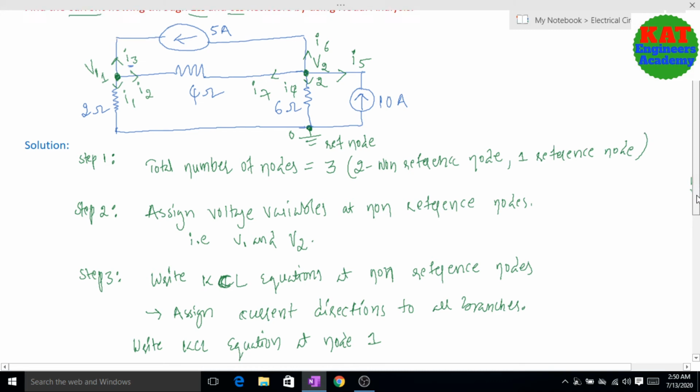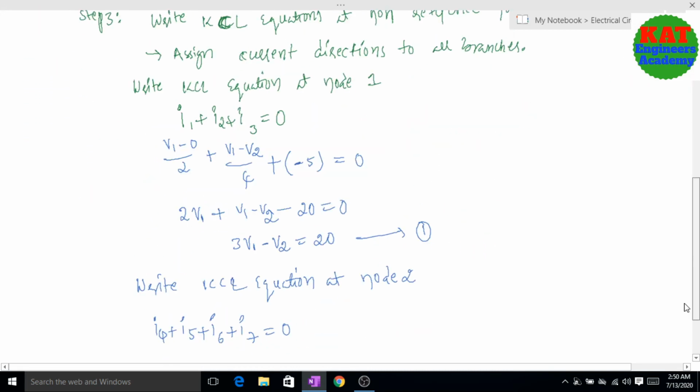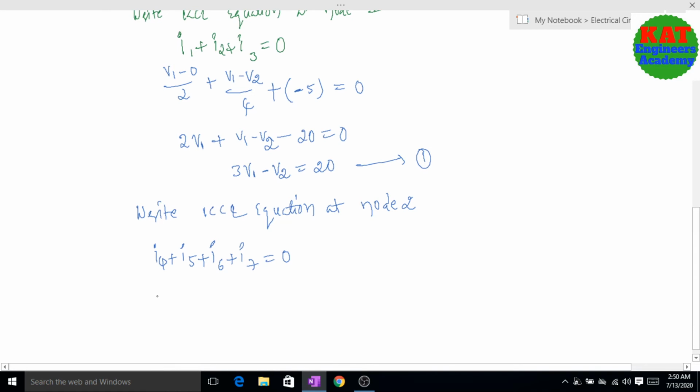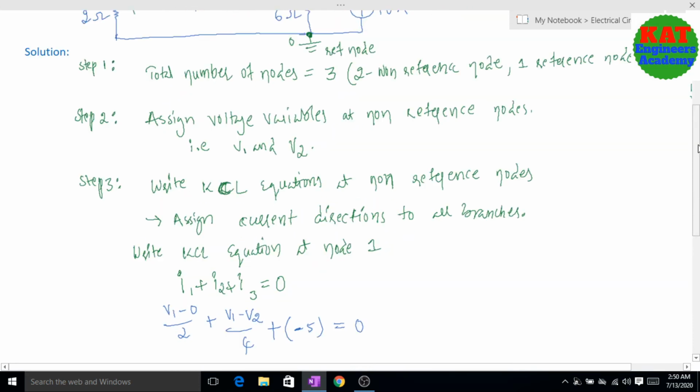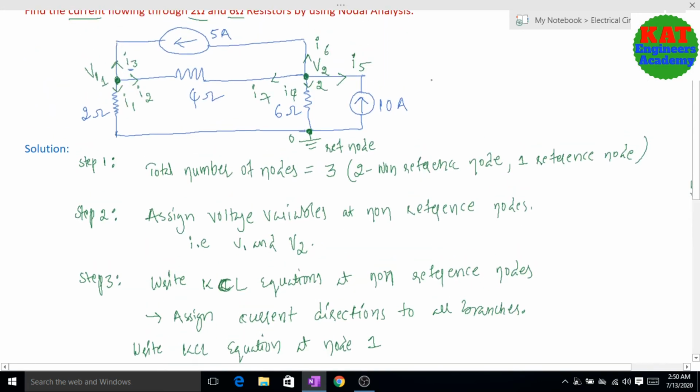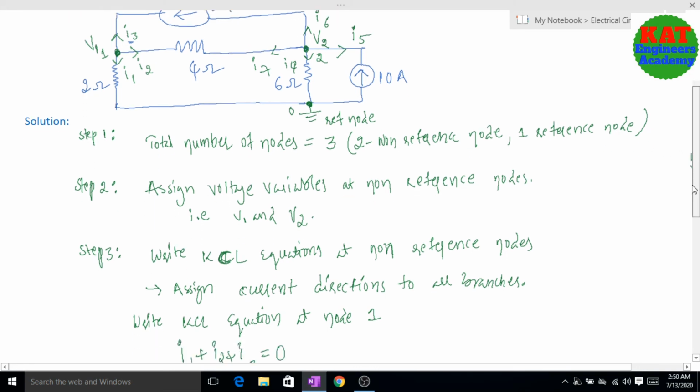Okay. Now I4 is V2 minus 0 by 6 plus I5. I5 is opposite to 10 ohms, so minus 10. I6 is in the same direction, 5, so plus 5.